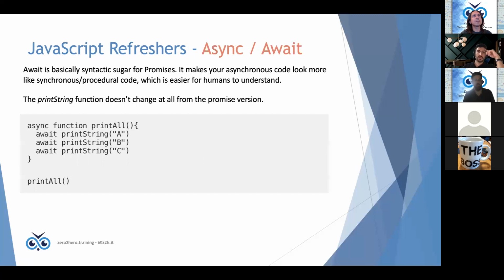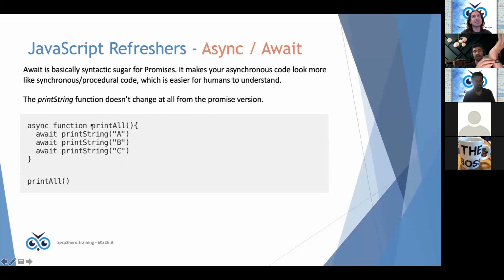We can call our print method with the promises. This is important: we need to implement the promise in the print string method again. But we can force the code to run all three calls in order by adding the await operator before them.